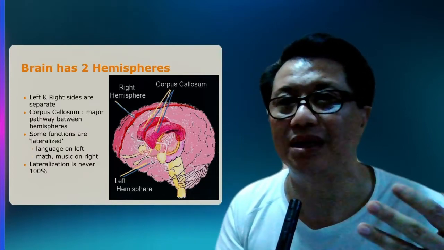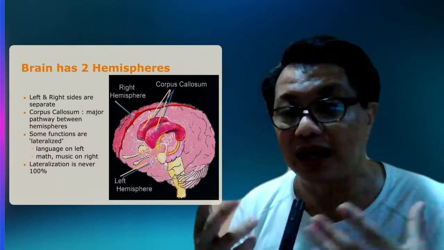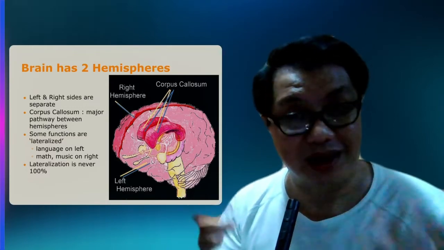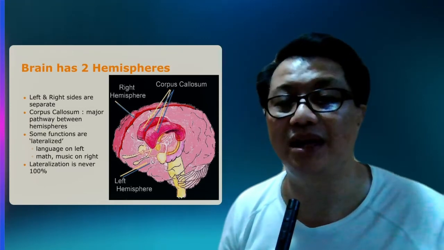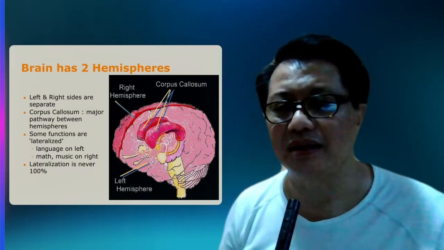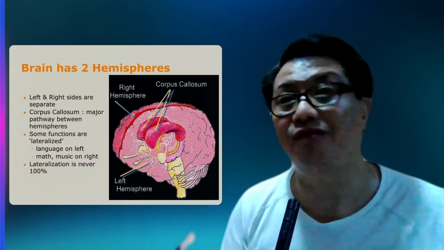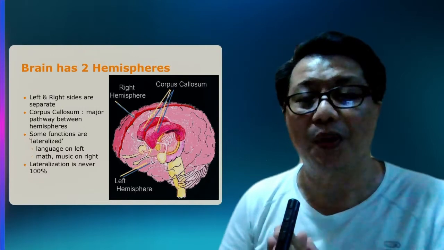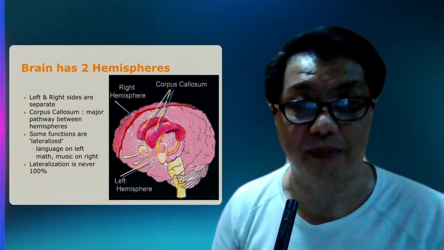And they tend to be unique brains. In fact, nandun yung impression na meron tayong dalawang unique brains that are working together. Okay? And that is somehow even extended to the idea na yung pagiging right brain dominant or left brain dominant is manifested in terms of artistic ability or logical thinking, or even in terms of what is emphasized in our educational system.